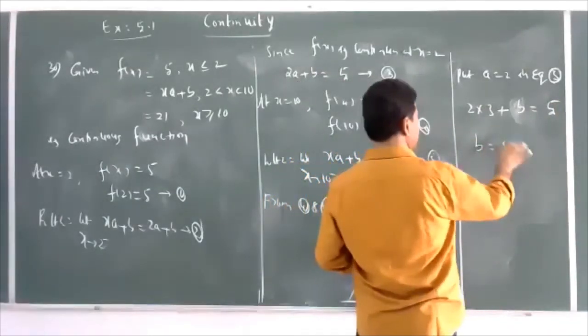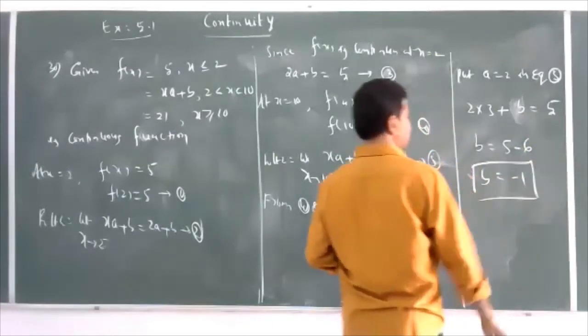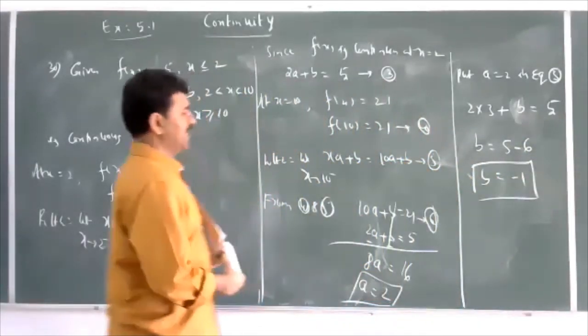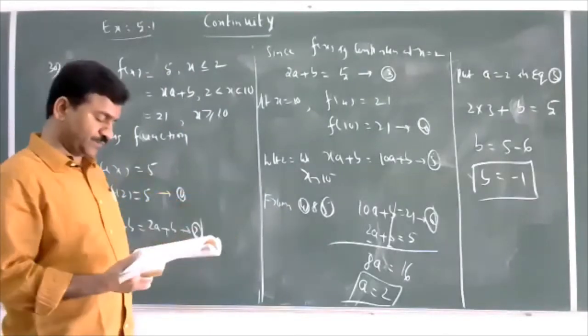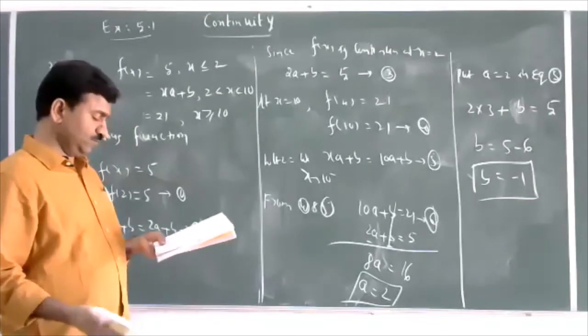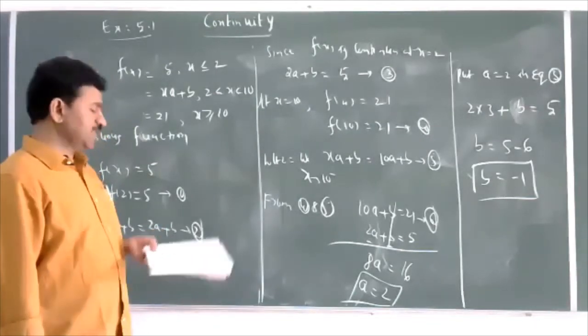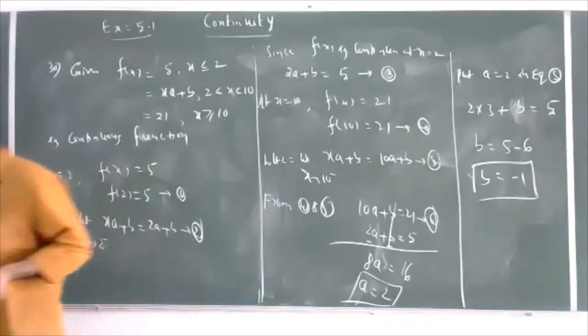So b is equal to 5 minus 4, which is 1. B value 1. A is equal to 2, b is equal to 1. So the 31, 32, 33, 34, 1 mark questions. Just note down the answers.